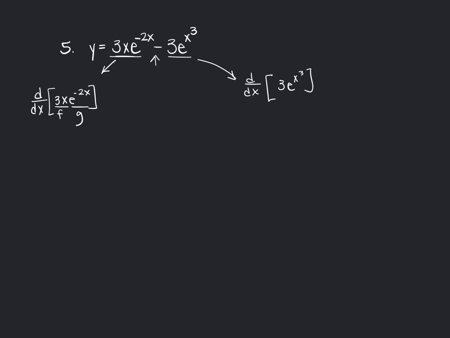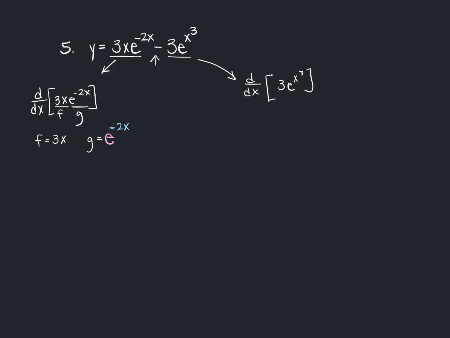And we'll look at that in just a moment. So for this first 3x e to the negative 2x, I'm going to let f be 3x. And g is going to be e to the negative 2x. So e is my outside function, and negative 2x is my inside.